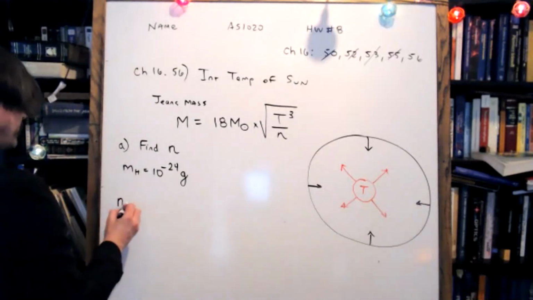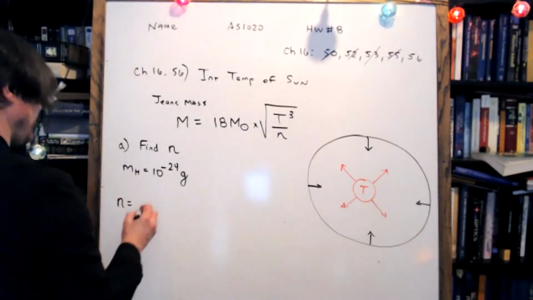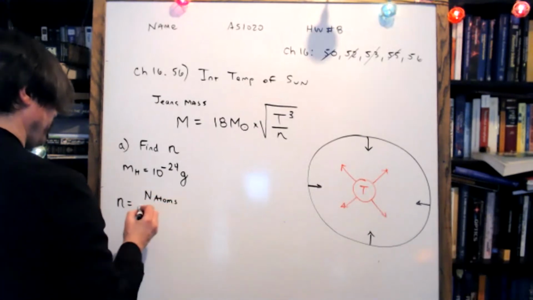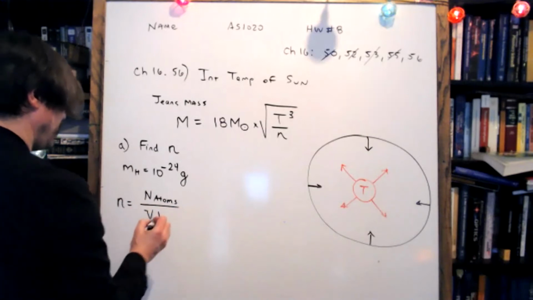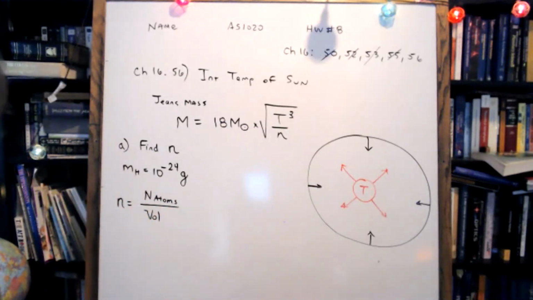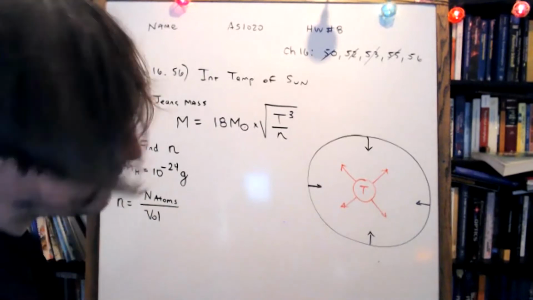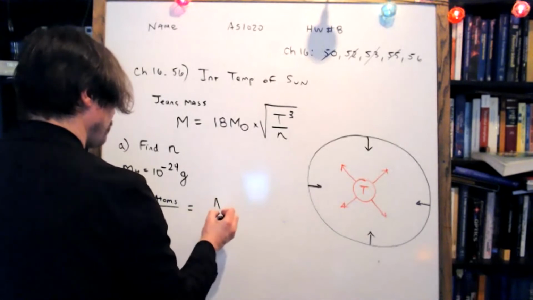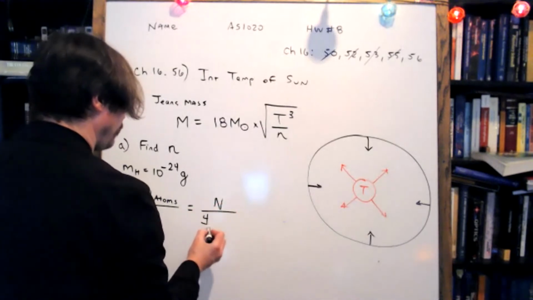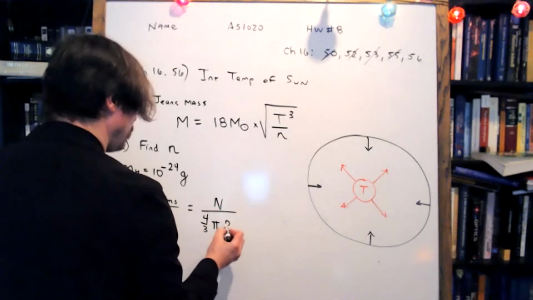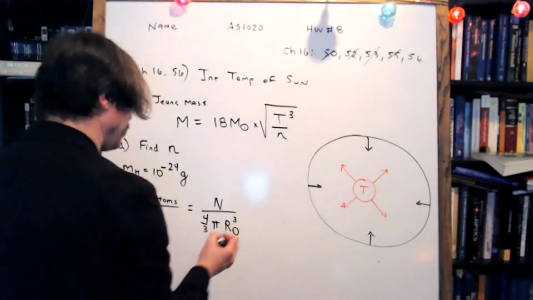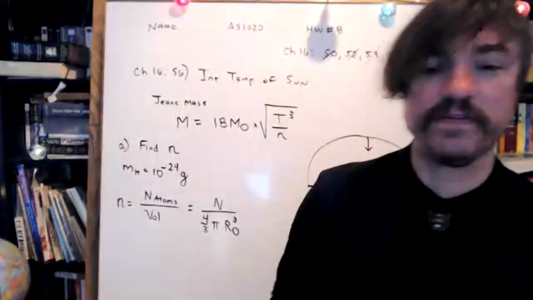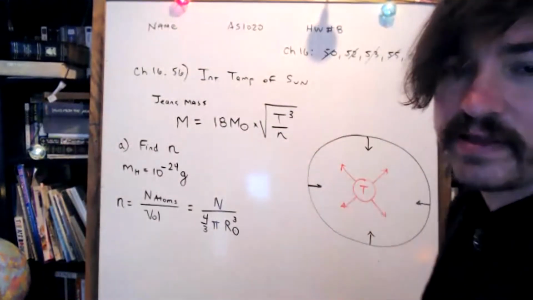I know that the number density is the total number of hydrogen atoms divided by the volume of the sun. And since I know the radius of the sun, that should be pretty easy. It'll be the number of atoms divided by 4/3 pi times the radius of the sun cubed. Do they ask us to find the number of, I thought part A asked us to find the number of atoms in the sun. Is that what happened, or?